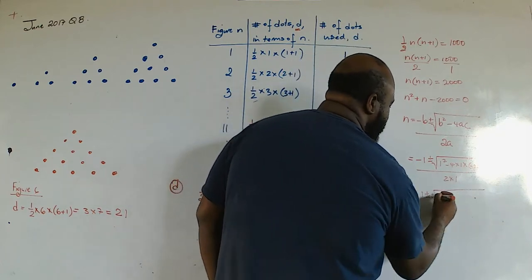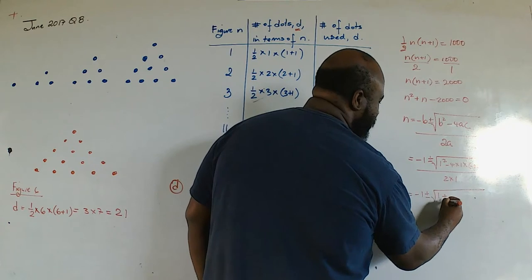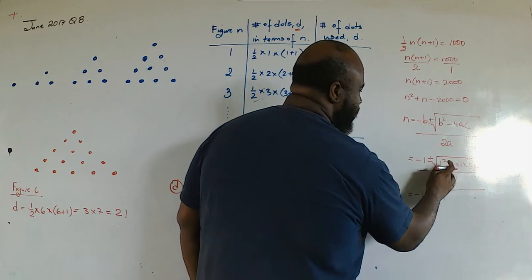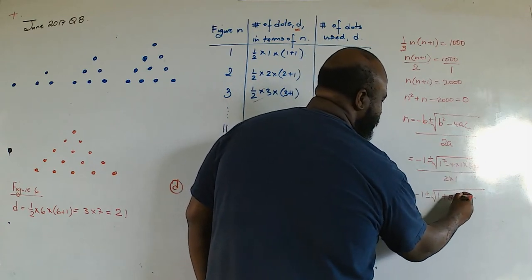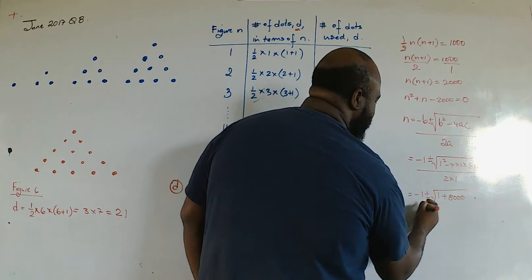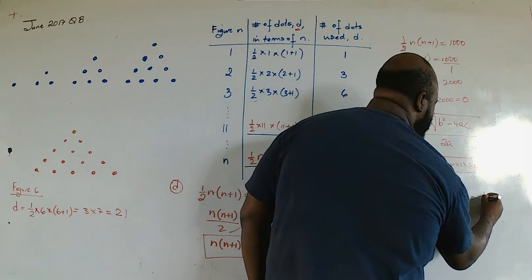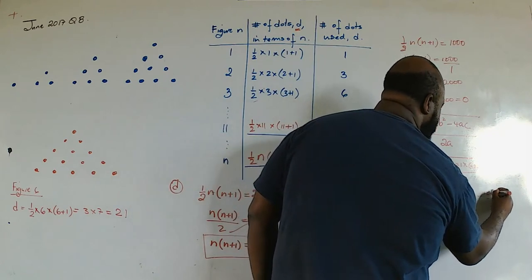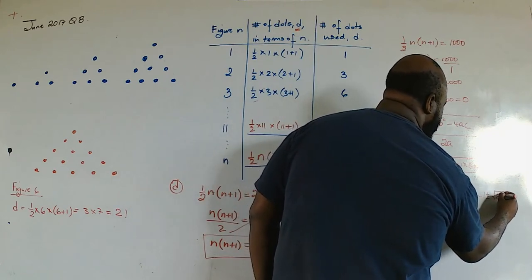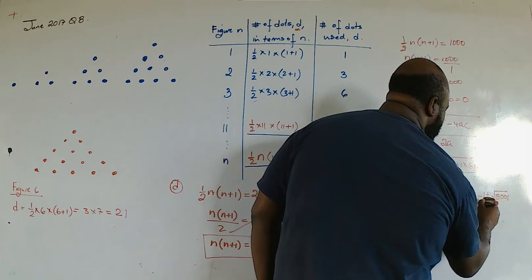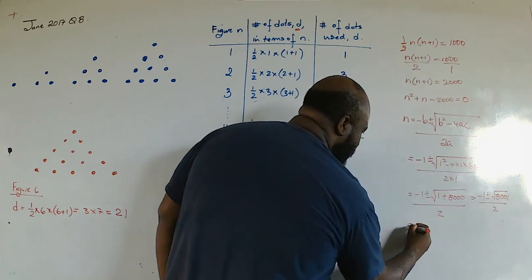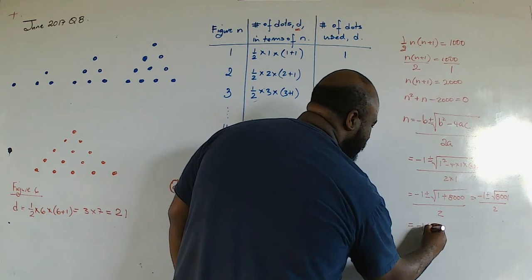This is 1 plus 8,000, all over 2, minus 1. The square root of 8,001 over 2. This is minus 1 plus or minus.